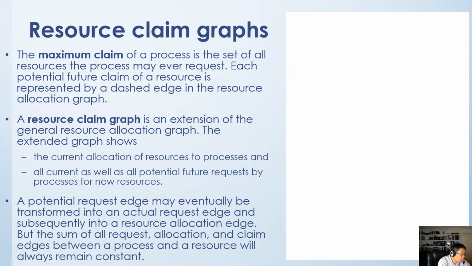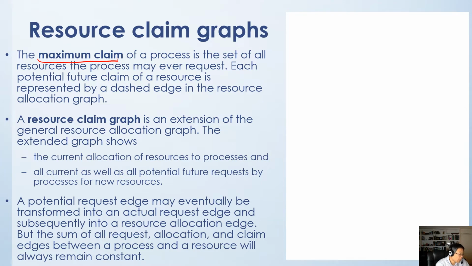It includes information like which process is currently requesting which resources, and which process has acquired which resources. In addition, the resource claim graph also includes the maximal claim of a process. For each process, once it's created, the information about the maximal claim should be provided.